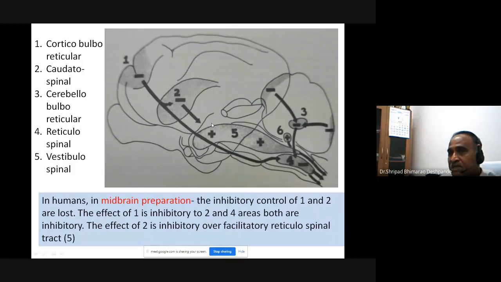This is coming here. Here is the red nucleus. That is why you get exaggerated reflexes. So that means inhibition of inhibition. It suppresses this, and then the red nucleus is uncontrolled. But at this point you have the locomotor reflexes present. The centers are present.